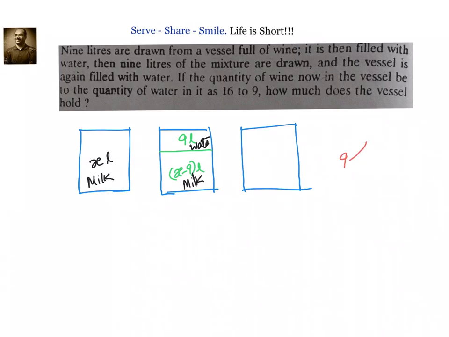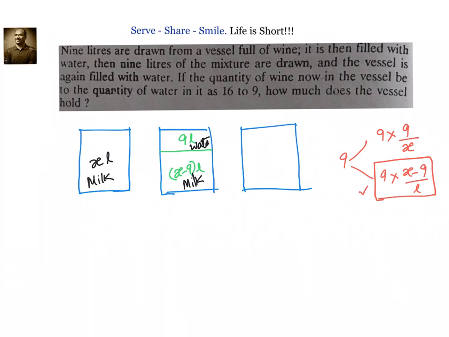That means the 9 liters will come from two parts. From water, it will be 9 into 9 by total X, and from milk, it will be 9 into X minus 9 by X. That means the quantity of milk now removed is from X minus 9 this part.